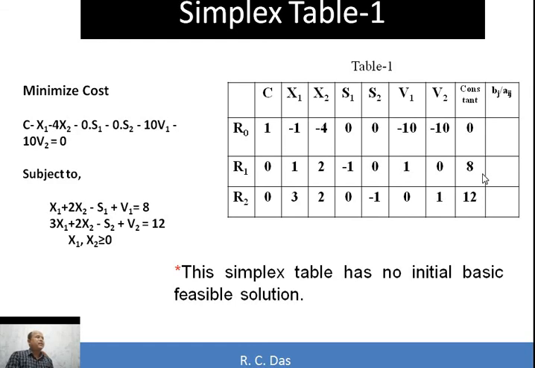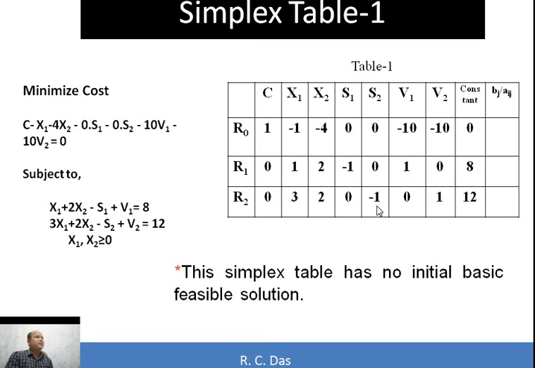Like that, r2, row 2, has the coefficients of the second constraint. In the second constraint there is no C, so 0. Coefficient of x1 is 3, coefficient of x2 is 2, there is no s1 in constraint 2, so that is 0. Coefficient of s2 is minus 1.